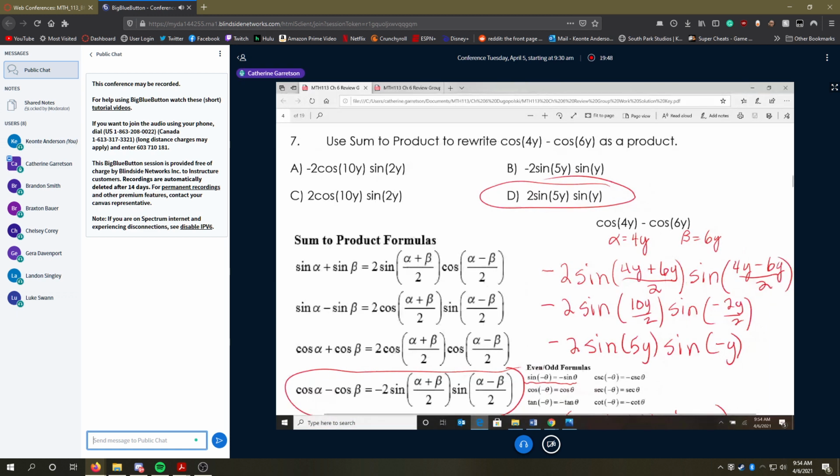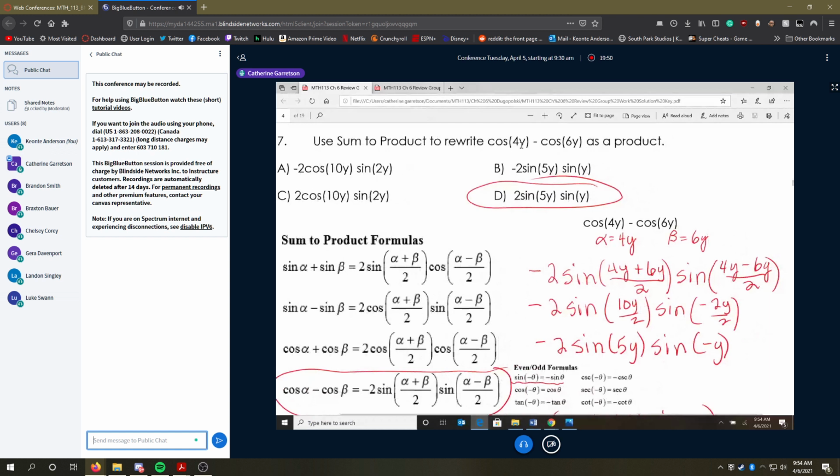So I'll take my 4y plus my 6y, and I'll add them together and get 10y, and I divide by 2, which gives me 5y. Now it says subtract them. So this will be 4y subtract 6y, which gives me a negative 2y. Then I divide that by 2, and I get a negative y.